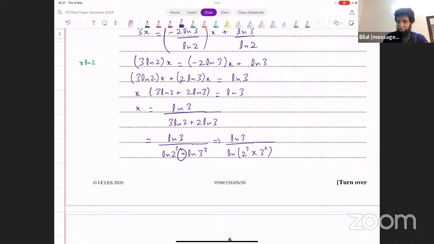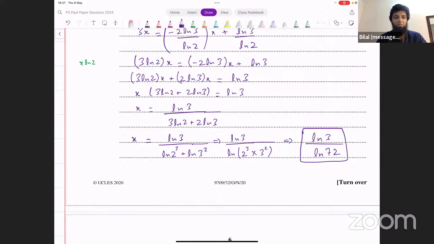Addition outside, multiplication inside. We're using the multiplication law of logarithms. And now this becomes ln 3 divided by ln of 8 into 9, right? That is 72. ln of 3 over ln of 72, that is the value of x that we were looking for. That's what we wanted, okay?